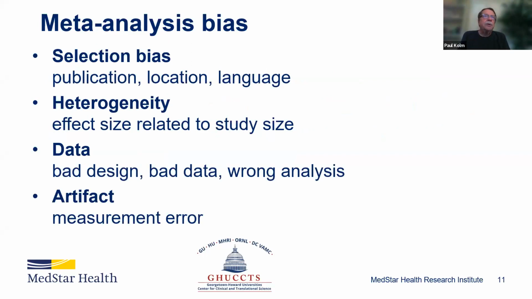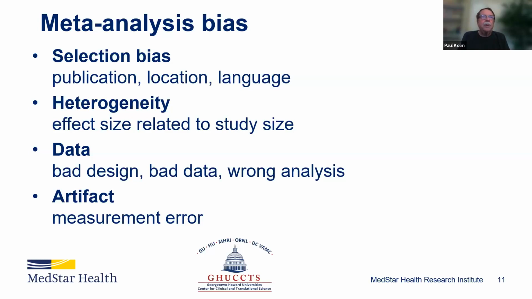Meta-analysis issues that might influence the results or bias the results are, first of all, what we call selection bias. That is, you selected studies that either don't include all the outcomes of interest. Then publication bias, what's published, what's not published.